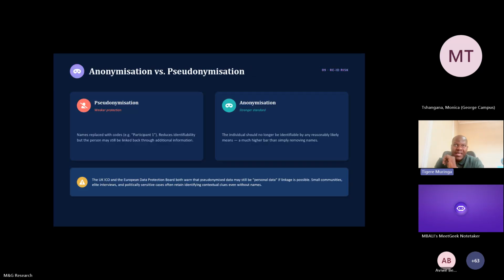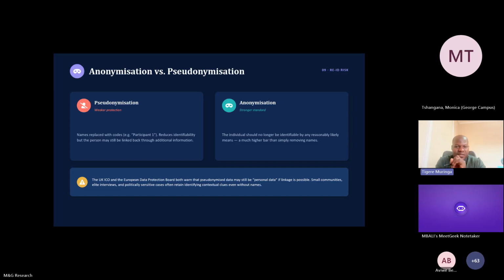Right, pseudonymization is actually a weaker way of protecting information, right? A common mistake is to assume that replacing names with codes such as participant one will then automatically make that data safe.